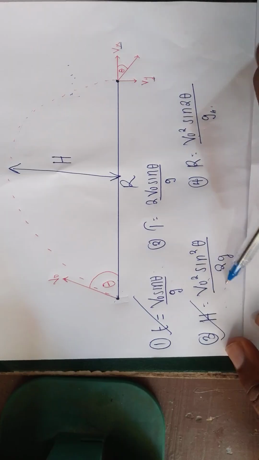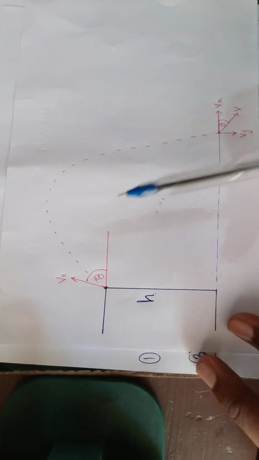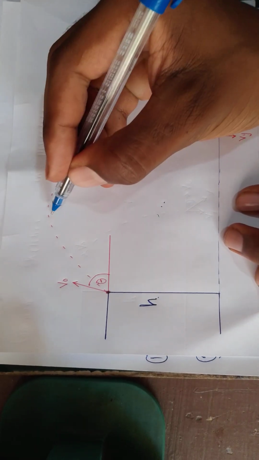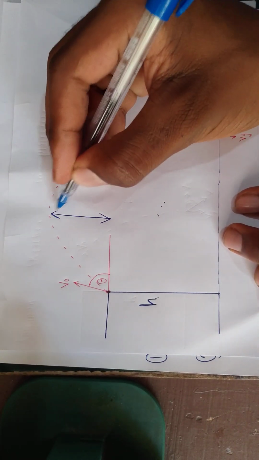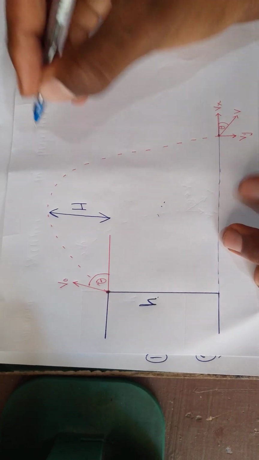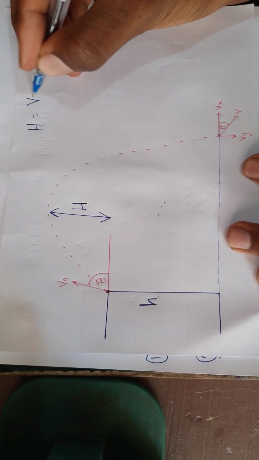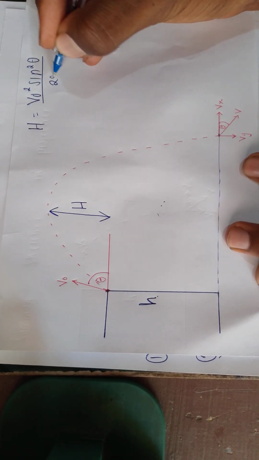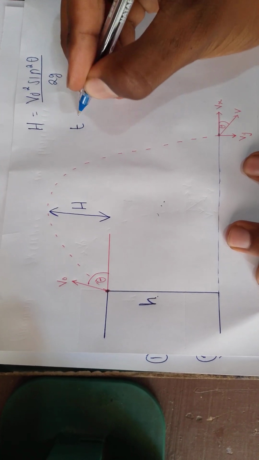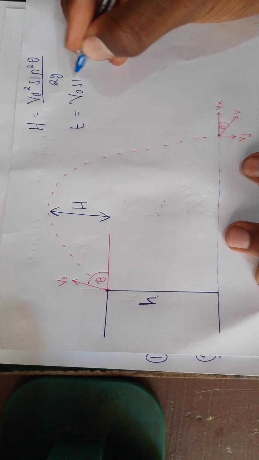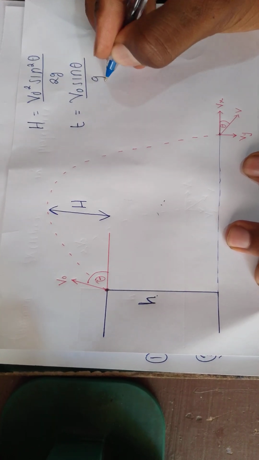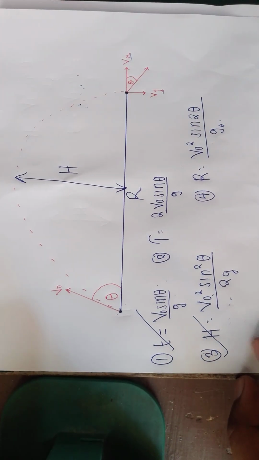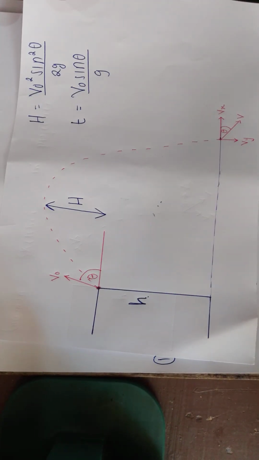So if they ask you to find the maximum height, even in this sketch, you can just say V0 squared sine squared theta divided by 2g. And the time taken to reach maximum height is V0 sine theta over g. These are the only formulas from that sketch that can be applied to this one.